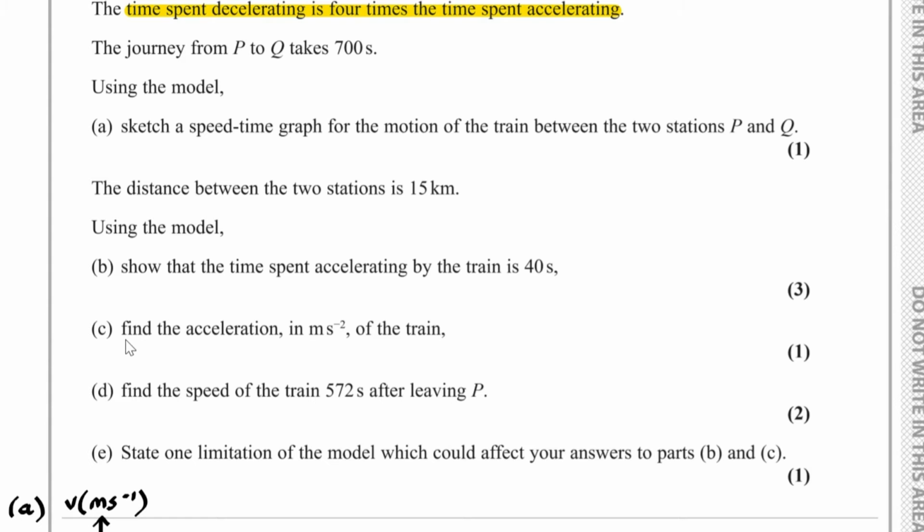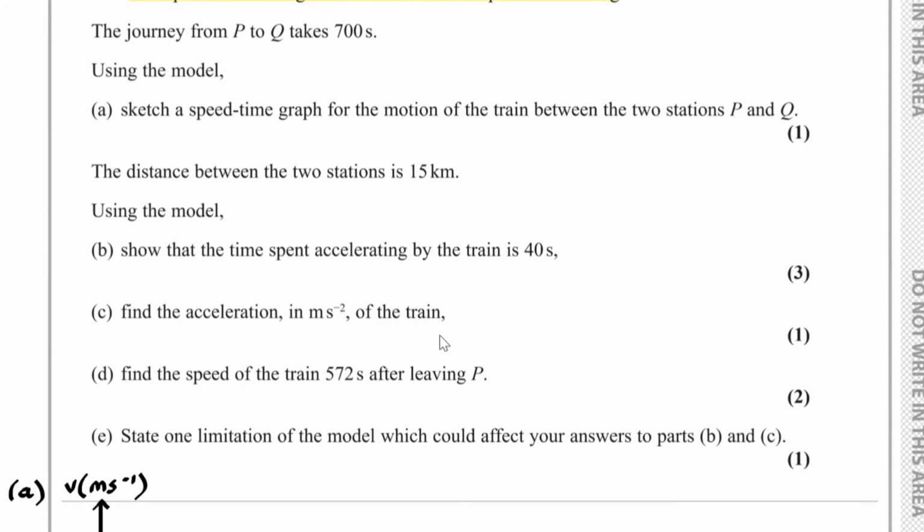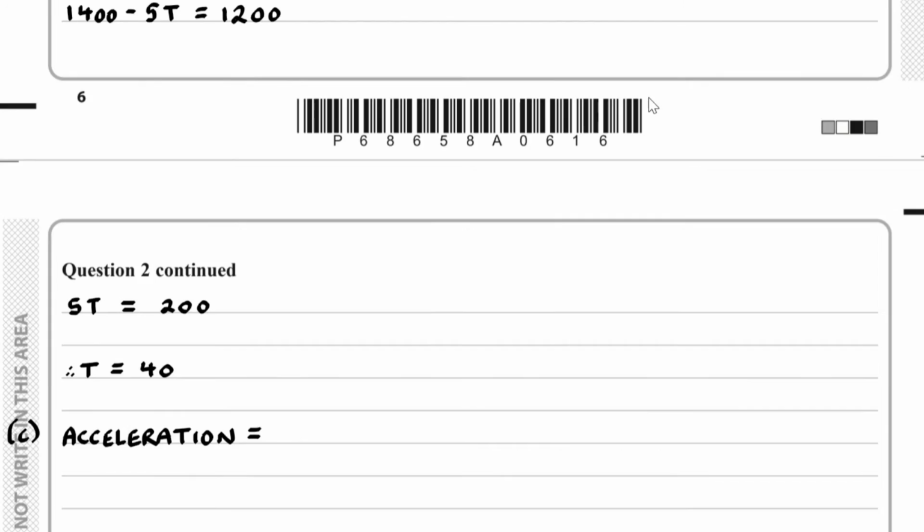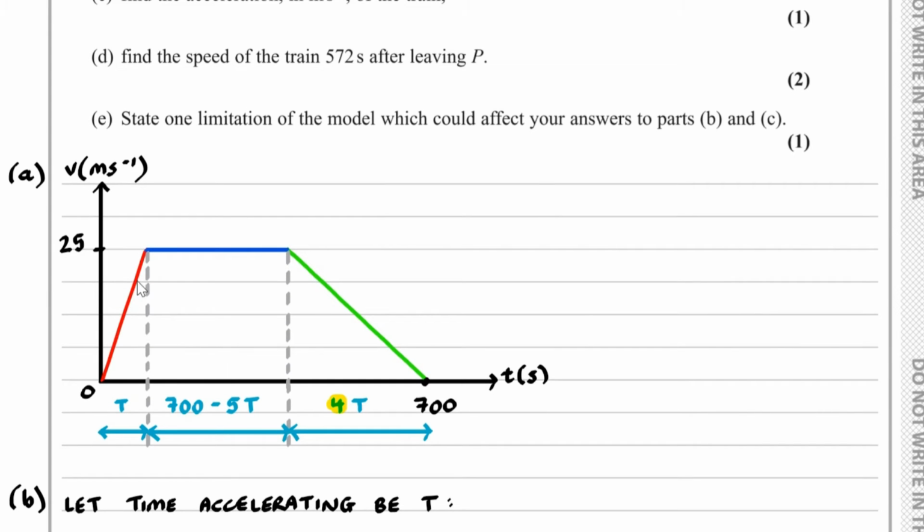Then for part C, we have to find the acceleration in meters per second squared of the train. So for part C of the question, for the acceleration, that will equal the gradient of this line.